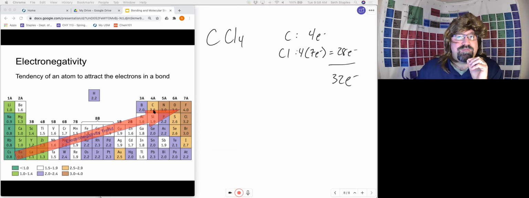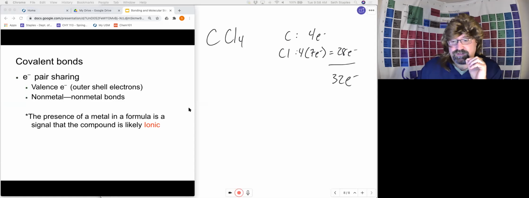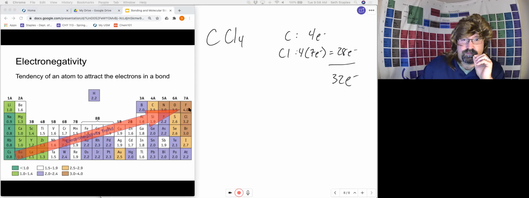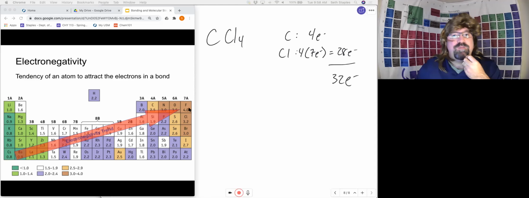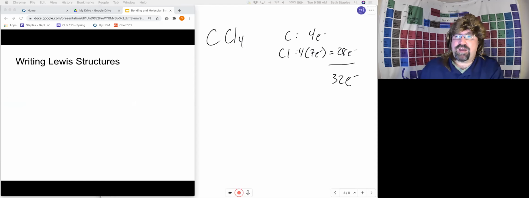And so we can even look at just carbon and chlorine, and we can see that chlorine is so much further to the right that chlorine is going to be more electronegative. And again, if you need to, look at values. Take a, print this slide out maybe, have these values available, and look and see that chlorine is definitely more electronegative. And so we see that carbon is the least electronegative atom.